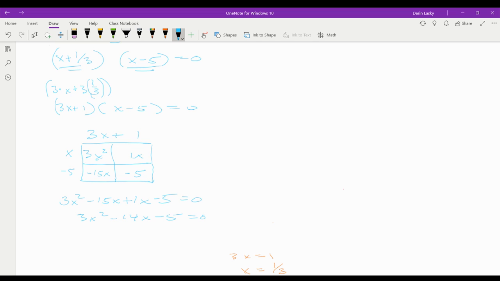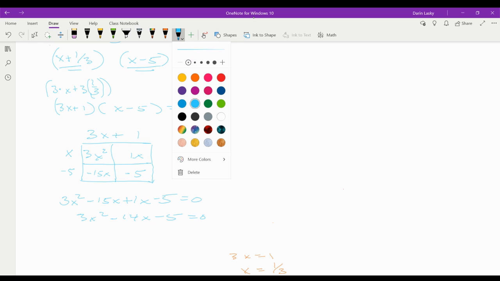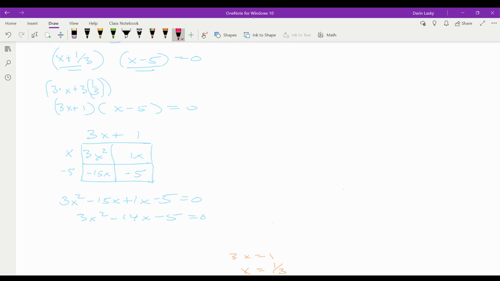Okay, so I want to draw your attention to a couple of things here. If I took this piece here, this is A, and this is C. If I took A times C, I would get negative 15.